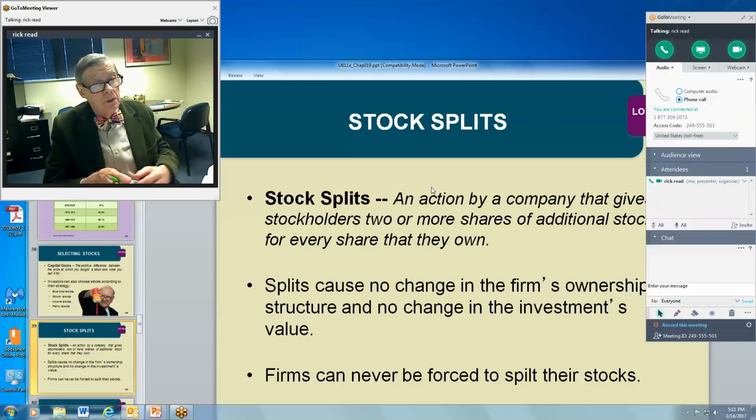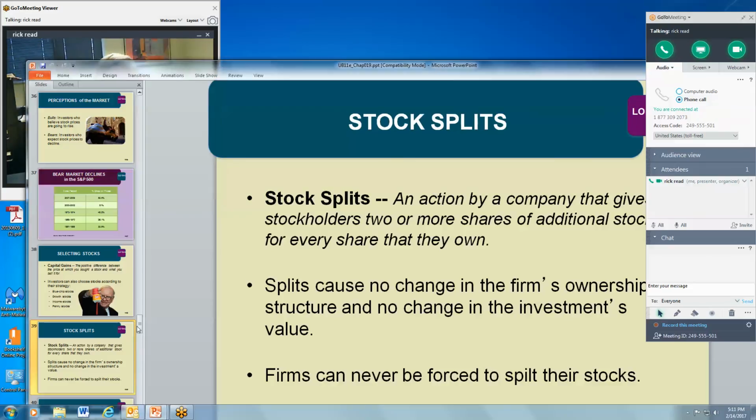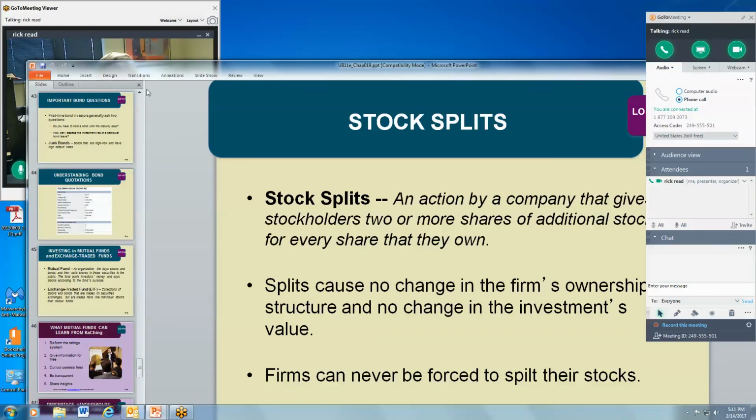Notice the split causes no change in ownership and no change in the investment's value, which is what I just said. Nobody can tell a company, hey, you've got to issue a stock split. Just doesn't happen. There's no requirement here.